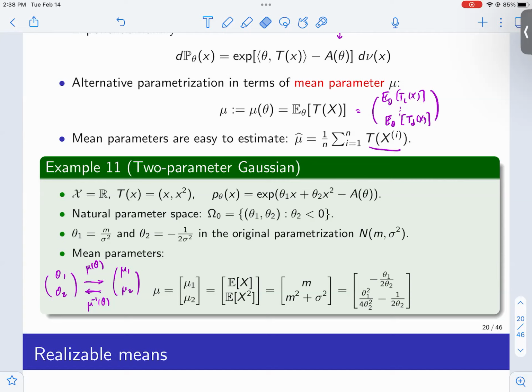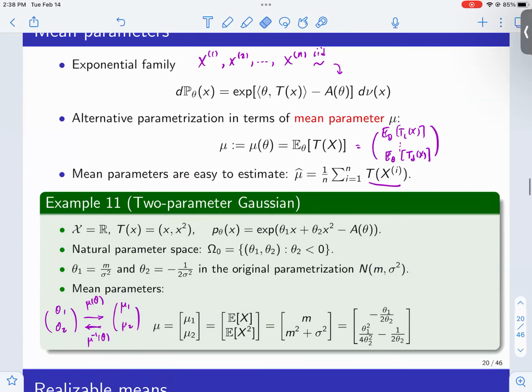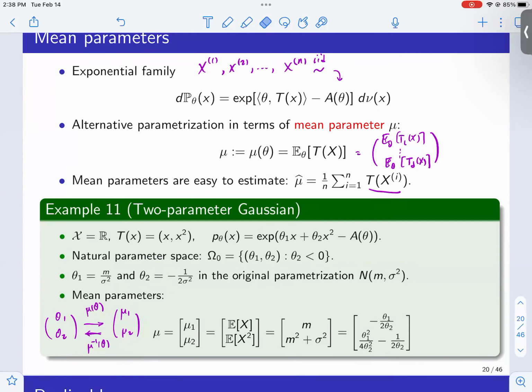This is sort of straightforward. What comes next is not straightforward, but this should be fine, right? Okay. There's a deeper thing underlying this set of mean parameters. I'm just going to try to sketch the surface, but it's a very interesting property of exponential families. So what would be interesting, and mostly has significance, is what is the set of mean parameters that they can realize or recover from this distribution.